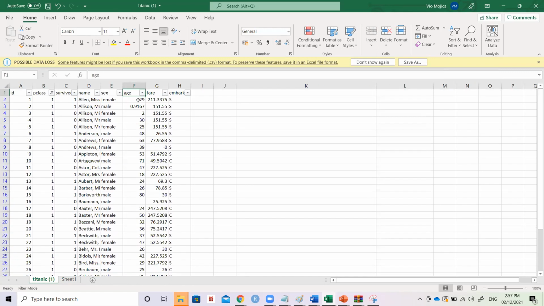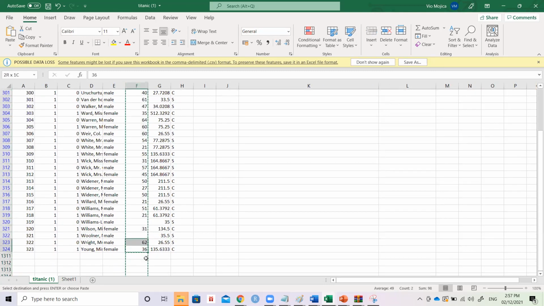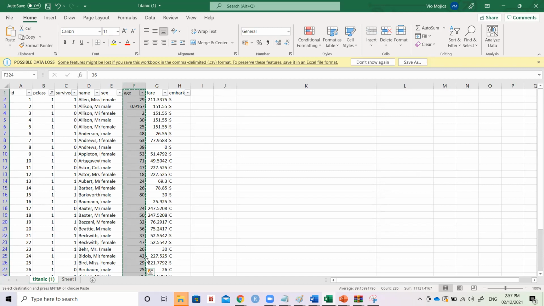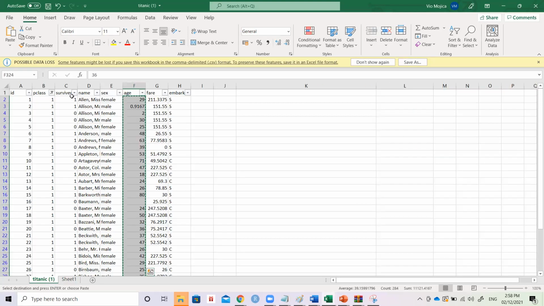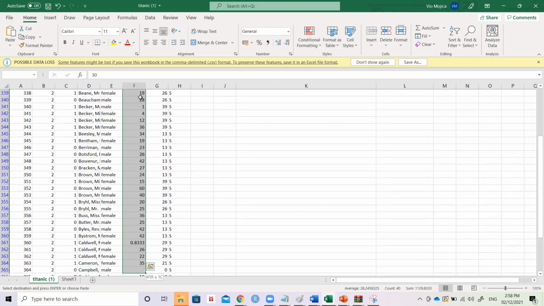Ito na naman tayo. Ano nga ba yung tinuro nyo sa akin last time? Lahat na lang, no? The whole column. Hindi siya gagana ngayon. Scroll down. Konti lang naman siya. So, copy the whole thing. Sorry, Class 2, manual. Copy everything.